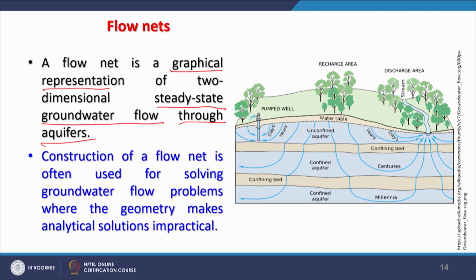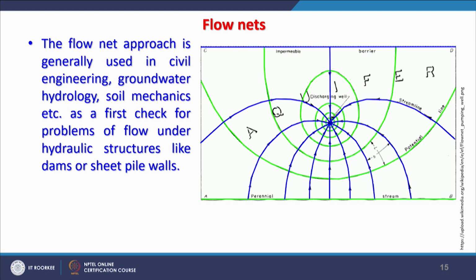So, construction of a flow net is often used for solving groundwater flow problems where the geometry makes analytical solutions impractical. Otherwise, if it is not possible, then flow nets can provide insight about this. Now, here this is an aquifer and a flow net is shown on the right figure.